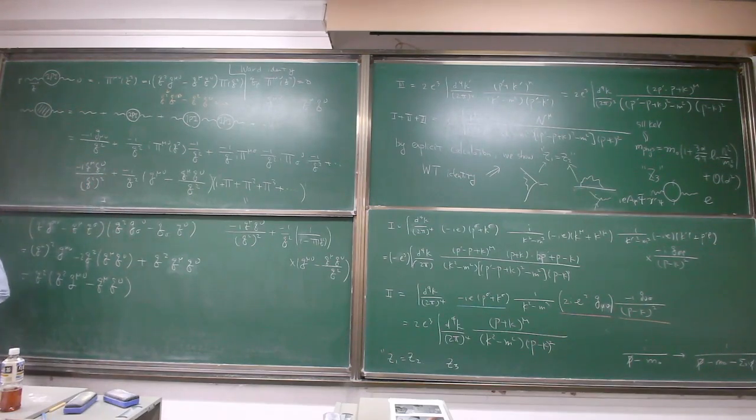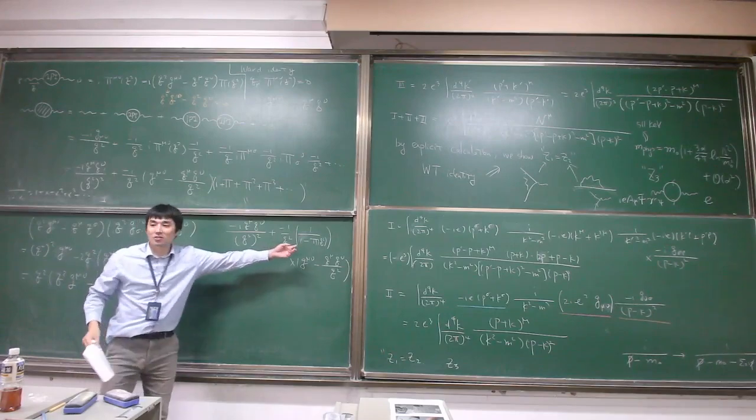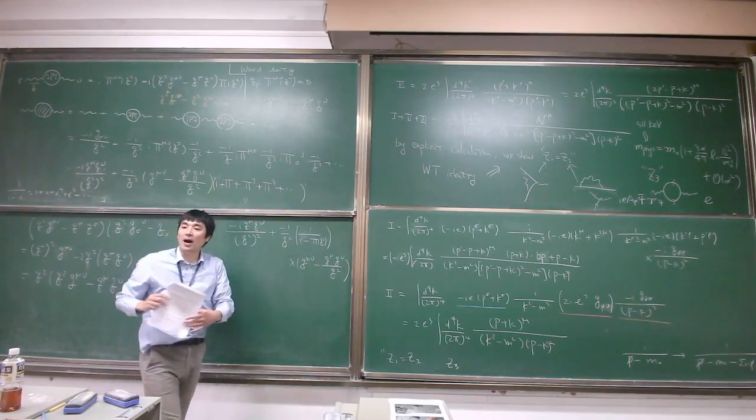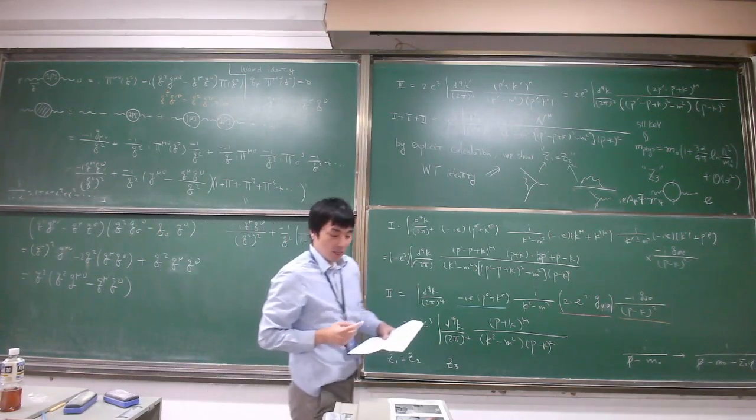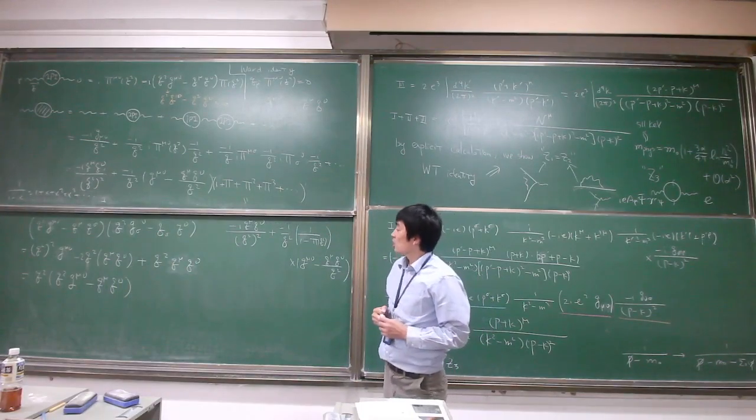Okay, do you agree? And this is just a geometric series of 1 over 1 minus pi. So it's super simple.